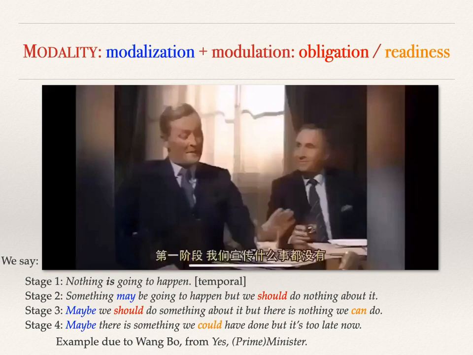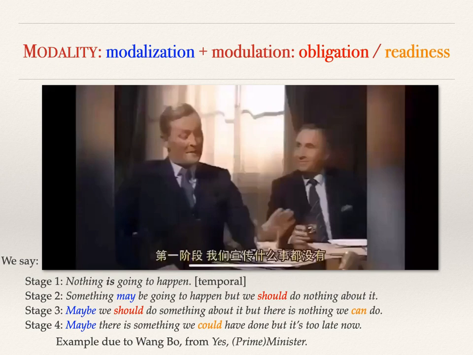So in an imagined dialogue with whoever the responsible minister is, stage one is, if you're a civil servant, you say, nothing is going to happen, purely temporal. Stage two, something may be going to happen, but we should do nothing about it. Stage three, maybe we should do something about it, but there is nothing we can do. And then stage four, maybe there's something we could have done, but it's too late now.